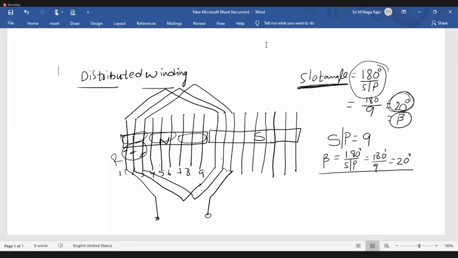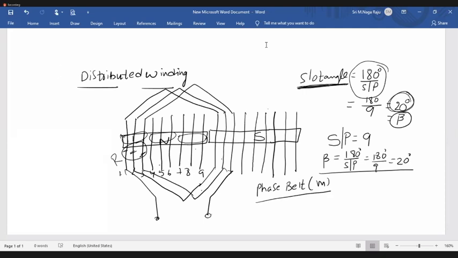Okay. So, important 2 points regarding this. First one, phase belt, denoted by M. First, write down the definition.